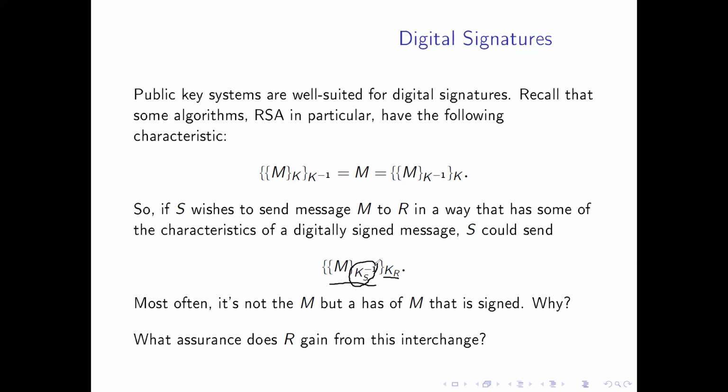So the only way that someone could have gotten this was if they actually compromised my private key, in which case I'm totally compromised anyways. So in both these situations, the only assurance is that unless both of us are completely compromised, no one else can have access to all this information. So R gets the knowledge of the only way this message was sent. If it doesn't match my M, then we have a problem.